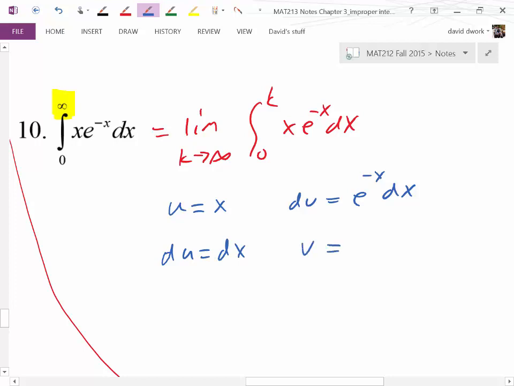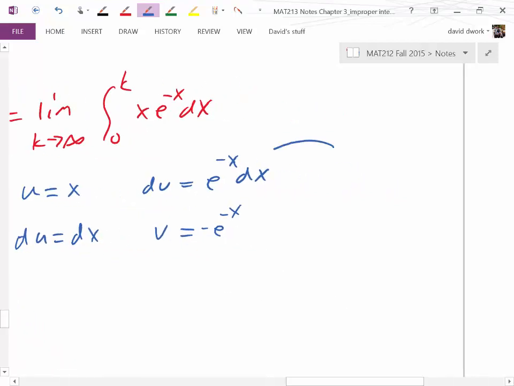The integral of e to the negative x would be e to the negative x divided by negative 1. If you need to see that slower, you could think of this as a little side problem and say, all right, I'm integrating e to the negative x dx. I'm going to use a little u substitution at negative x. So therefore du equals negative dx. And you could work the problem, and you'll see that's your answer.